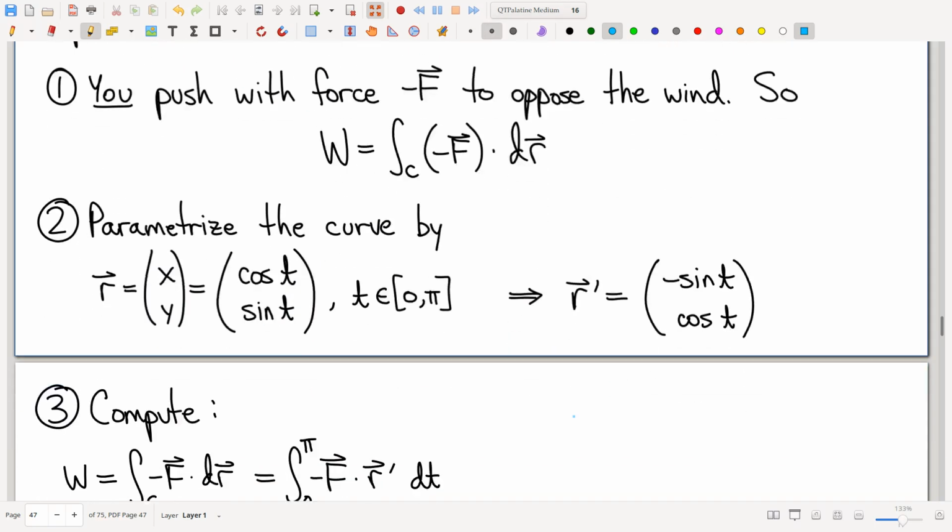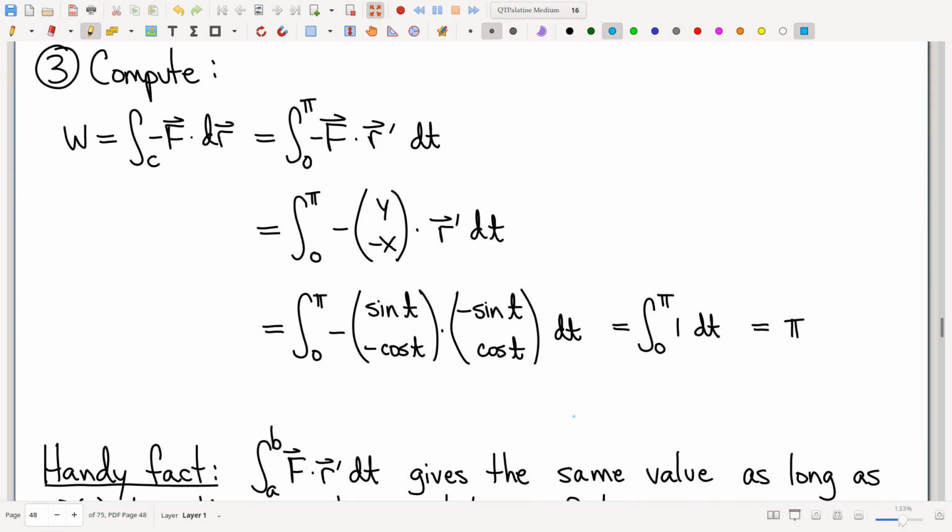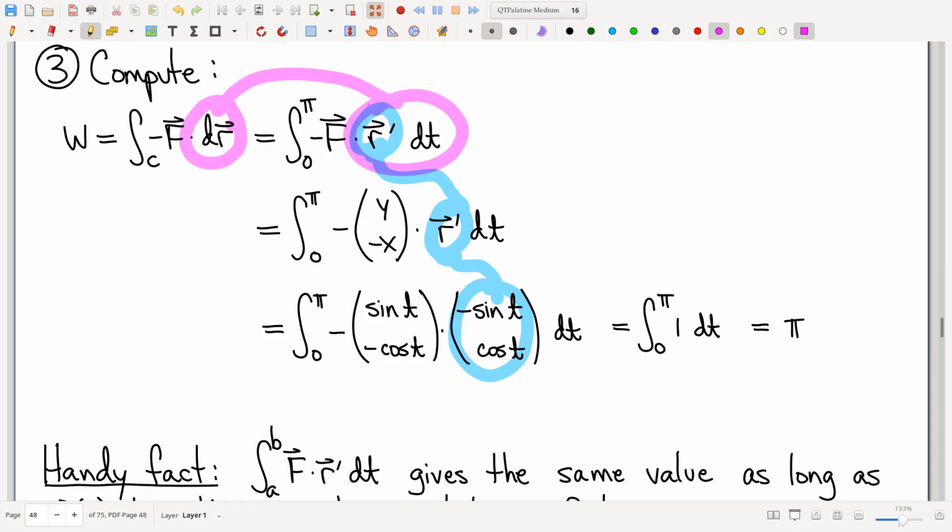Start plugging in. There's that derivative. Right, just plugging that in. Notice before dr is r prime dt, right? That's one of our pet formulas.